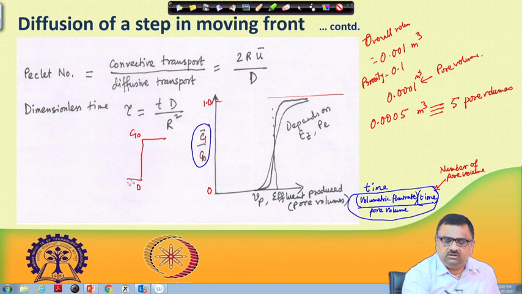If we plot C 1 bar, the average concentration, and divide it by C 1 0, then this is normalized within the 0 to 1 scale.